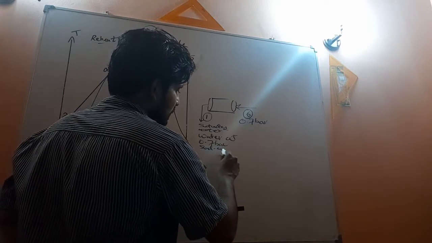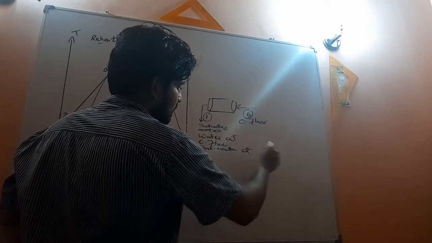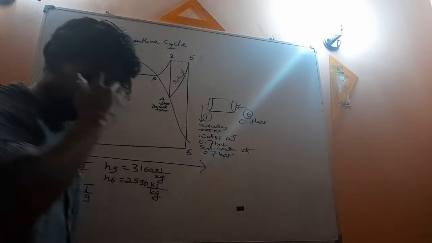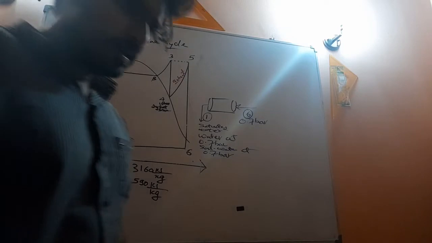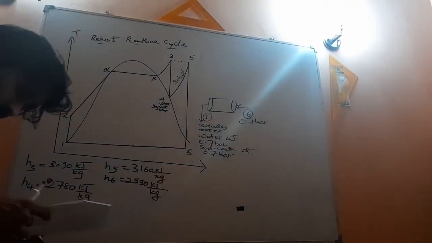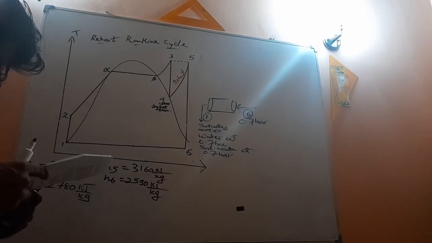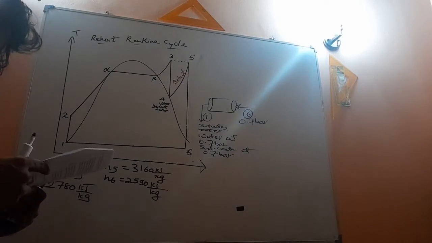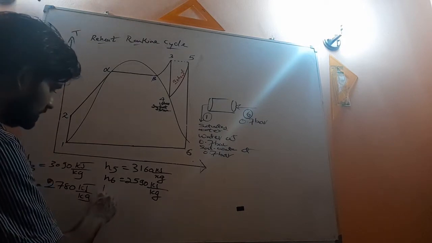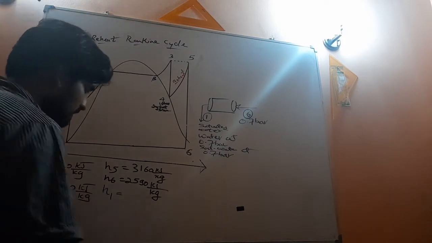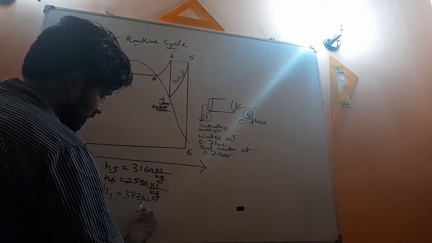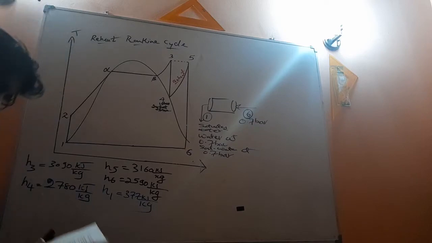But luckily in this problem, the saturated liquid enthalpy at 0.7 bar is given. See, saturated liquid water at 0.7 bar, 377. No problem. So H1 is given. What is that? 377 kilojoules per kilogram, right?